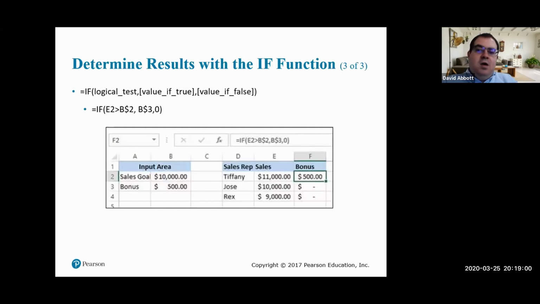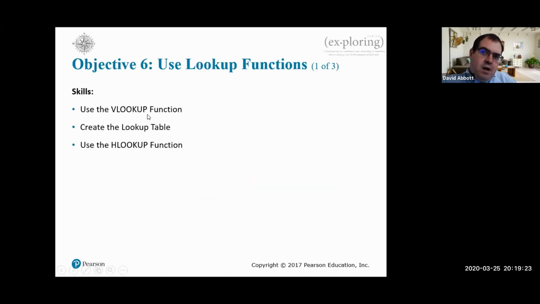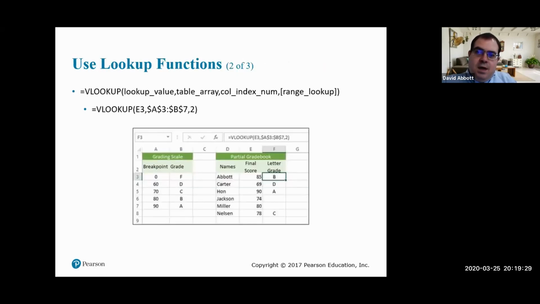This list could have had a couple hundred sales representatives, and you want those numbers to stay constant while you copy that down. But of course, you want E2, which in this example would be E3, E4. You do need that to change. That would be a relative cell reference. You would just leave it as is. You wouldn't have to put the dollar signs in there.